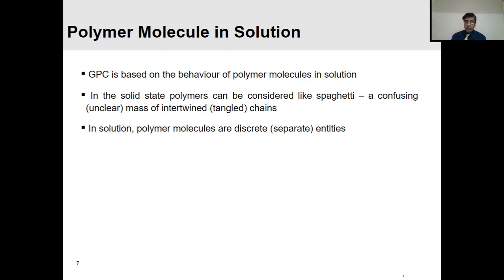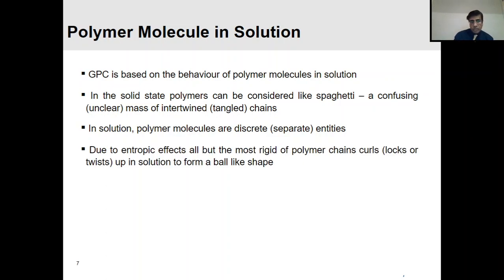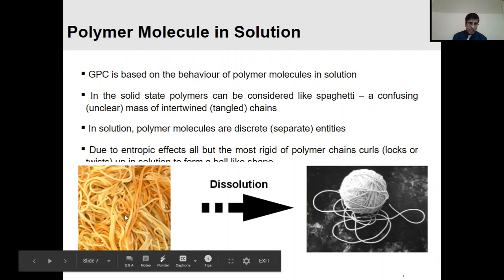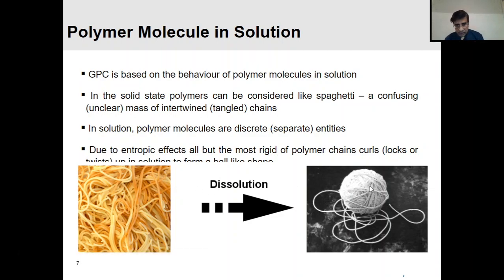But when you dissolve it in the solvent, all the polymers are separated into different entities. Due to the entropic effect, most of the polymer chains look twisted and acquire the shape of a ball, as represented in this picture. On the left you can see the actual polymer, but in solution it behaves like this ball.